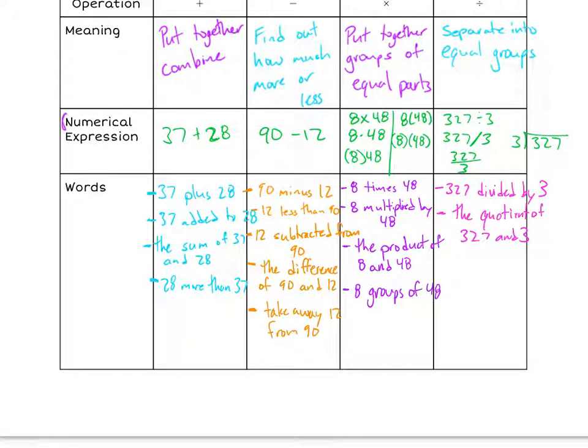Okay, so that is numerical expressions. Notice we had numbers in all of these, and we had a symbol. The symbol can be represented with words.